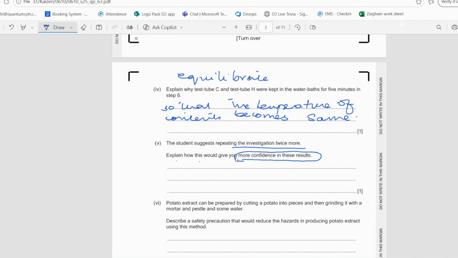Good, to exclude the, what was the word, anomalous result, by identifying them. After identifying them is better.